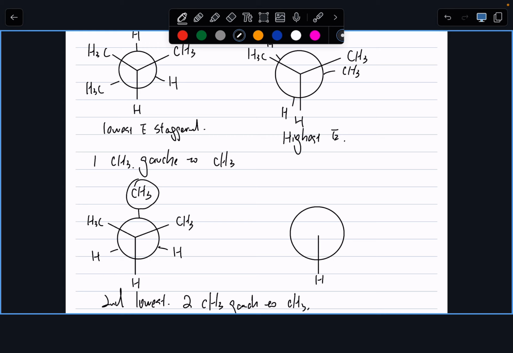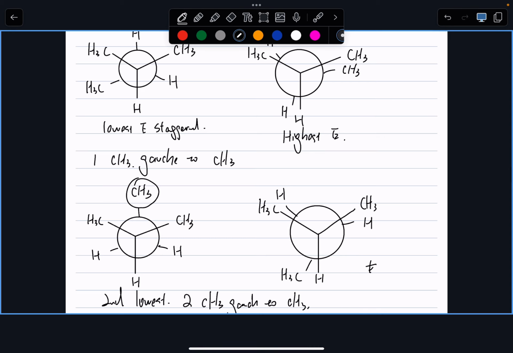So we have a hydrogen and a methyl, methyl. So the hydrogen is on top of a methyl group, and a methyl is on top of a hydrogen. So the third highest energy. So number 3.